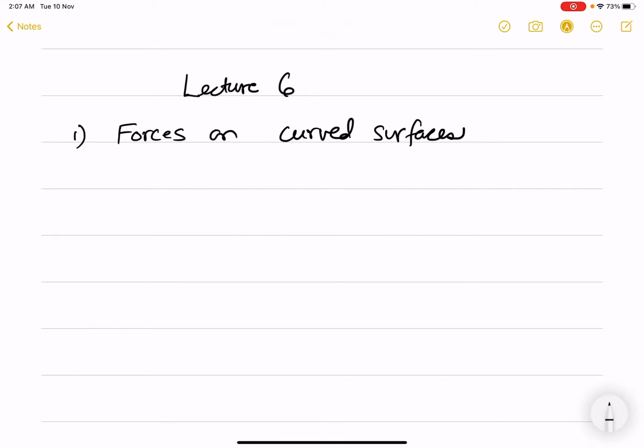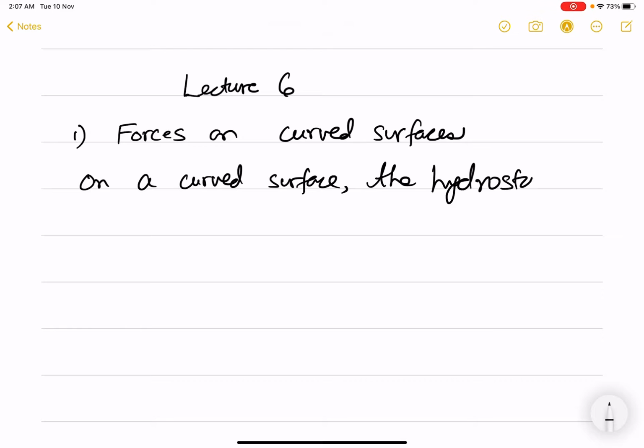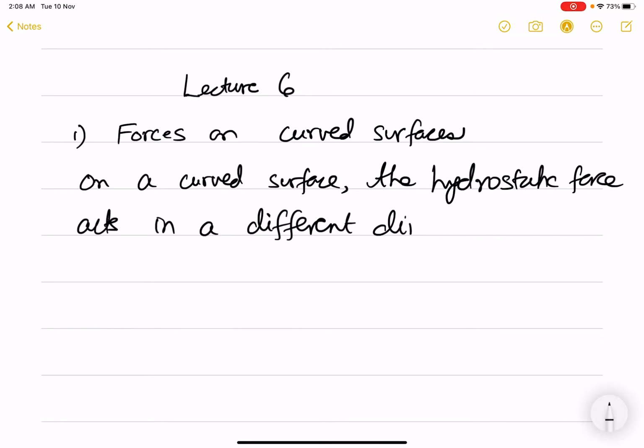As we have seen in the last class, on a curved surface, the hydrostatic force acts in a different direction at each point.